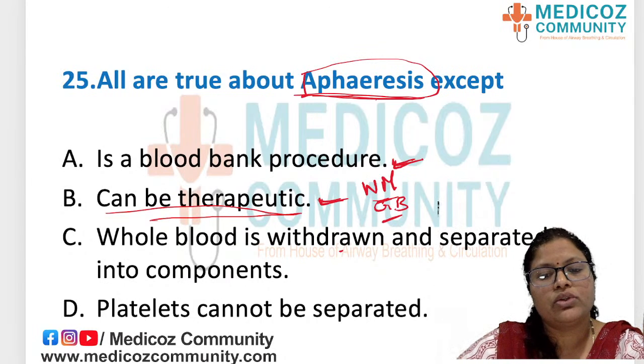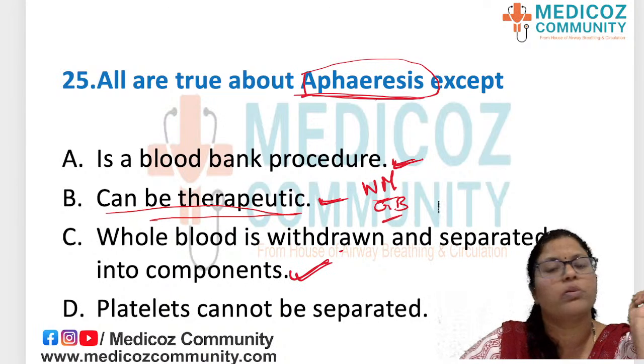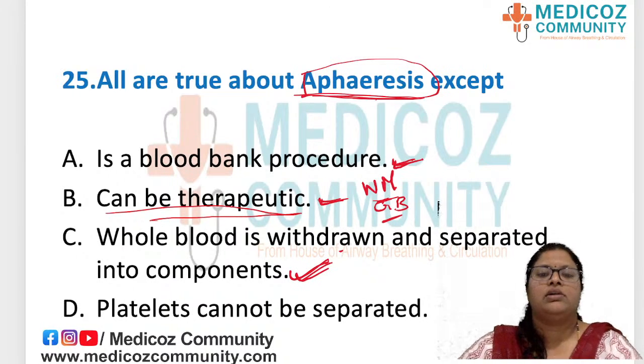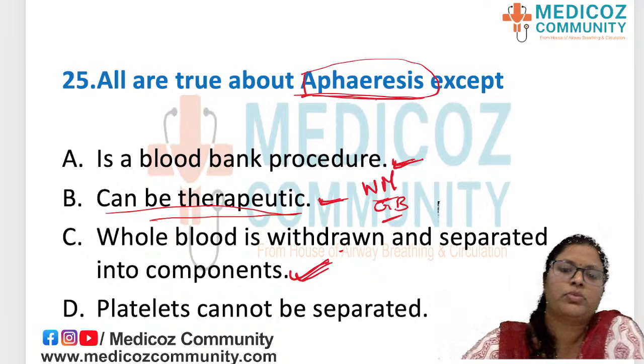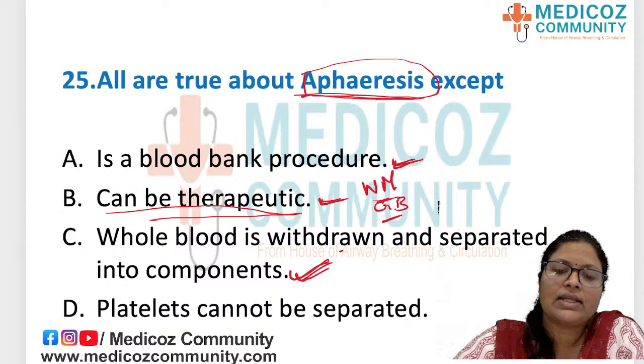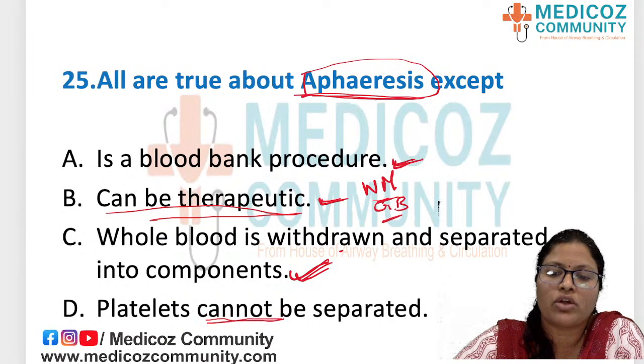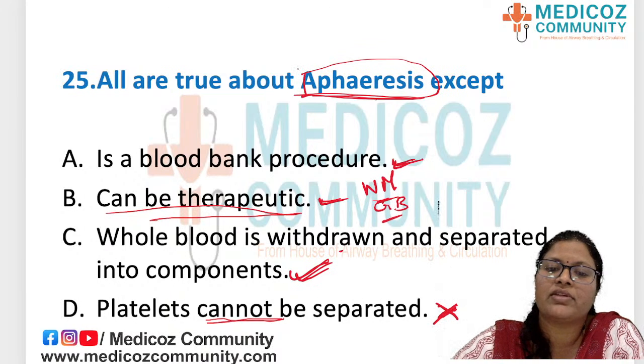So this is correct, this is correct, this is correct. It is withdrawn and separated into components, just like other blood donation procedures. Platelets cannot be separated, this particular statement is not true. All the components can be separated in apheresis.